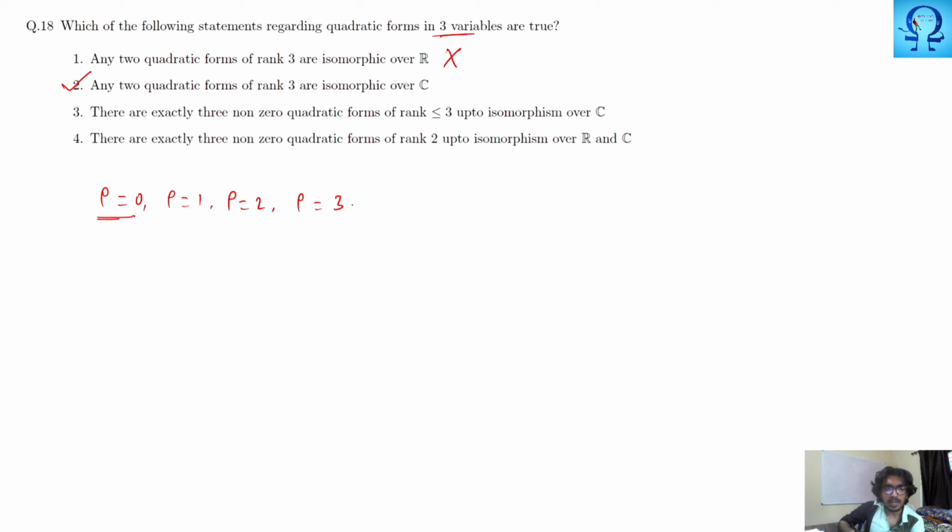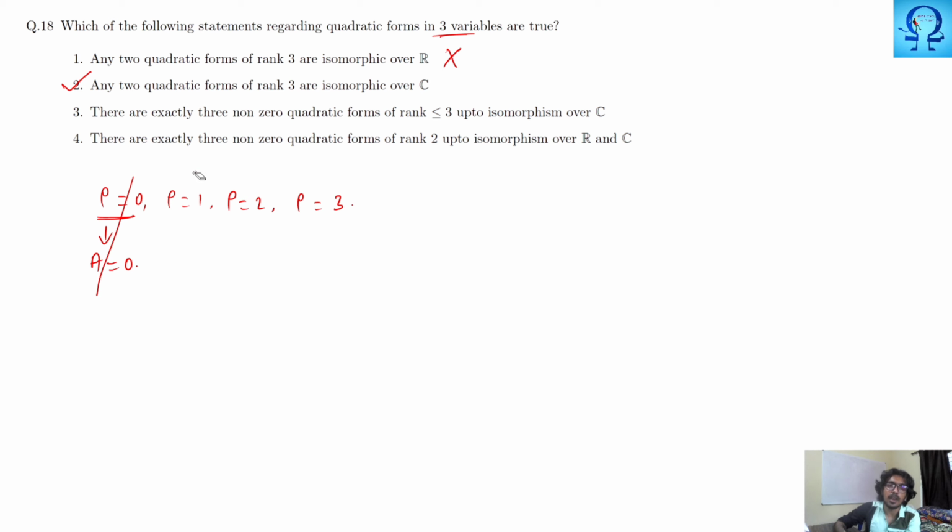There are exactly three non-zero quadratic forms of rank less than or equal to 3 up to isomorphism over C. Okay. So over C we are talking the rank can be either 0, 1, 2 and 3, since we have quadratic forms in 3 variables only. If the rank is 0, this forces the matrix to be 0. They have clearly non-zero quadratic forms, so this is not possible. All the matrices of rank 1 over C will give us a quadratic form. They are all isomorphic, so one is there, right?